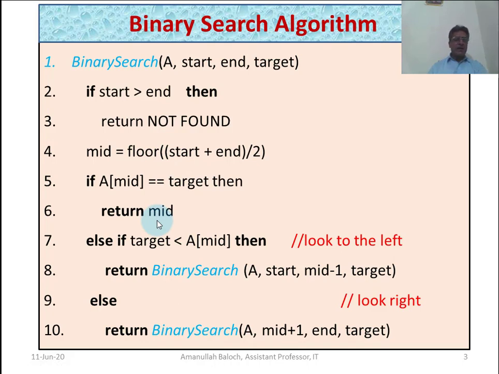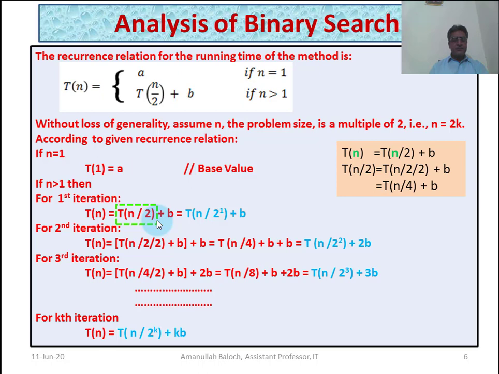By executing one time the binary search algorithm, it takes, let's suppose, a second of time, that is constant time. Execution of one time binary search algorithm is a constant time, and the computer returns the value a. A may be 3 microseconds or 5 microseconds or 7 microseconds.